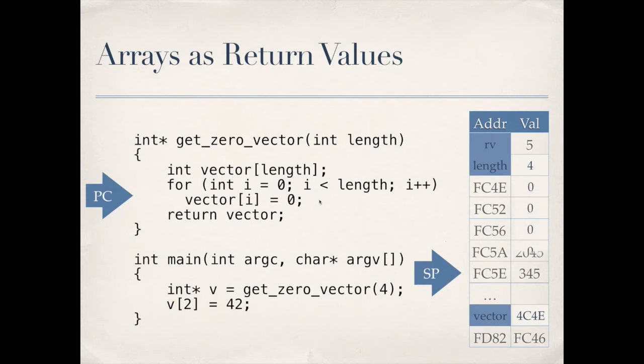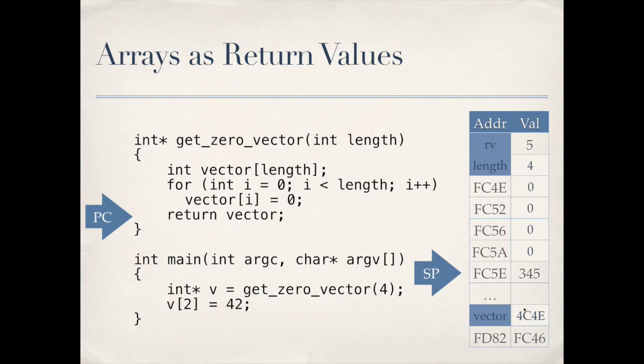0, 0, 0. Good. And then we are moving down here with our PC, and here is the statement return vector. This means in the background we are doing the following.